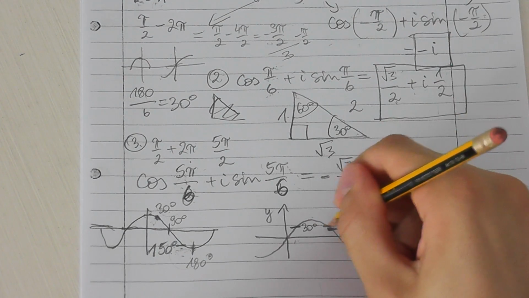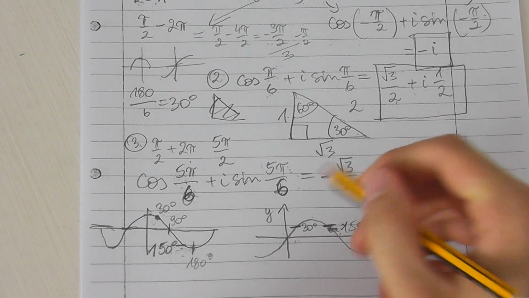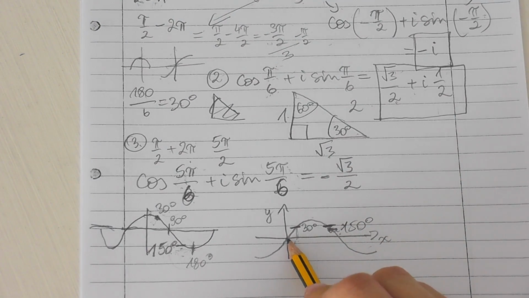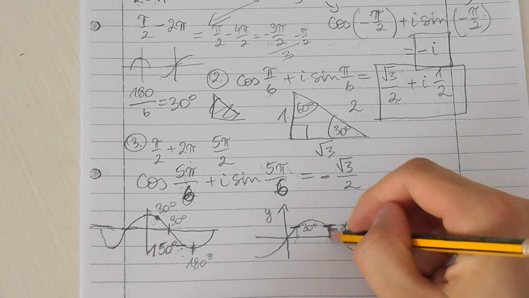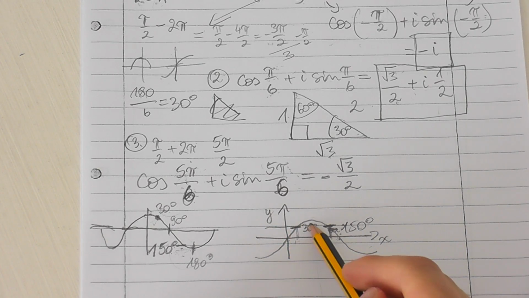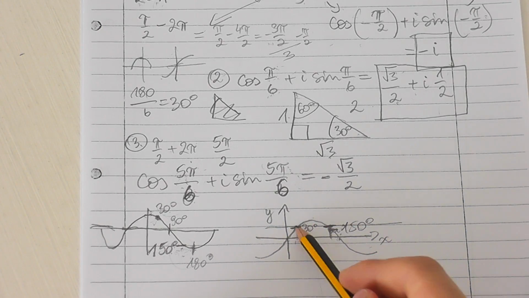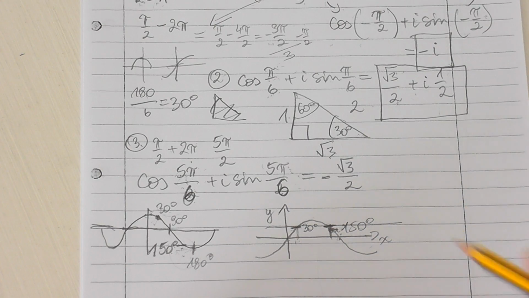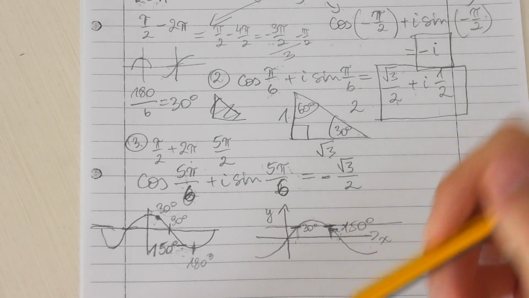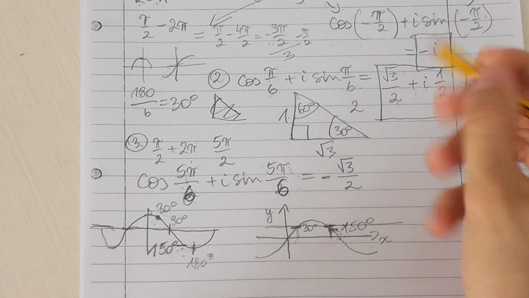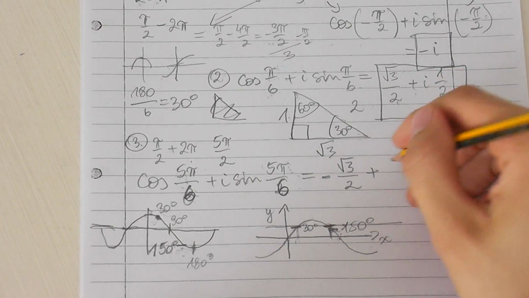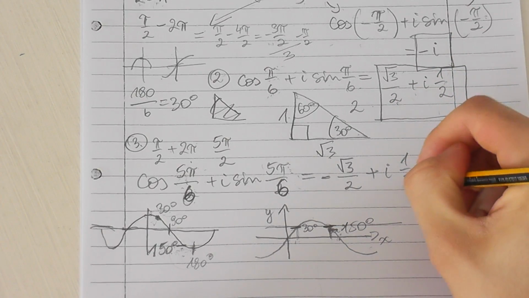I should have drawn it on the same line, because this is 30 degrees away from the x-intercept, and this is 30 degrees away from the x-intercept too. They lie on the same line, and if they lie on the same line, they are of the same value. Hence, sine of pi over 6 is equal to sine of 5 pi over 6. And so I can just copy this from up here to get 1 over 2.